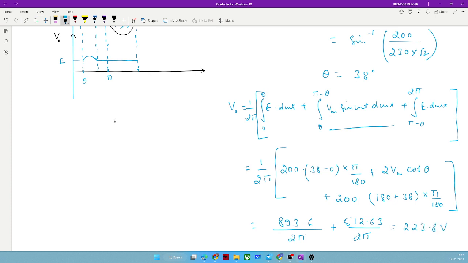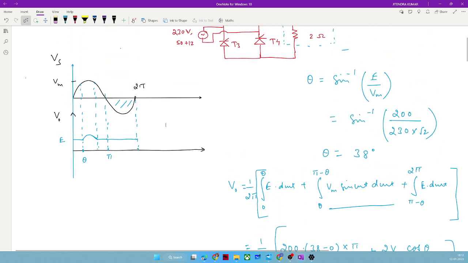So you got the output voltage just after drawing the waveform.